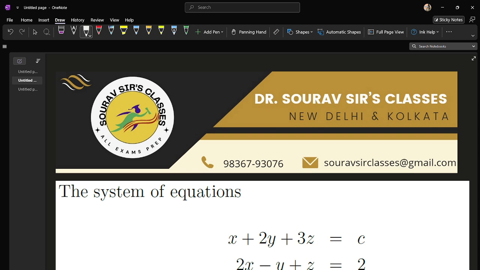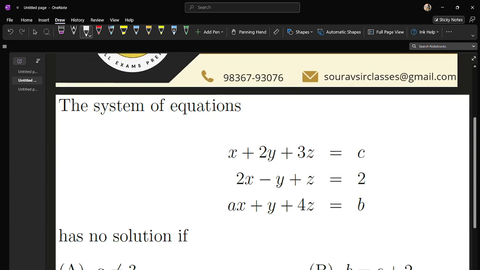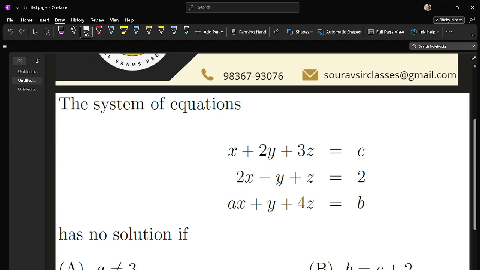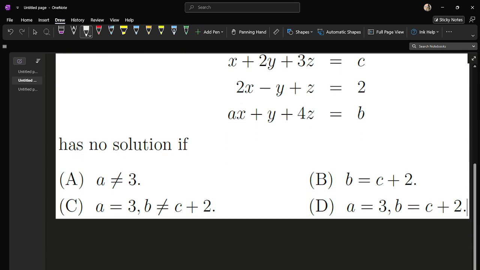Okay, so now we are going to solve a problem which appeared in the ISI MTech QROR entrance test examination in the MCQ section. The question says that the system of equations x plus 2y plus 3z equals c, 2x minus y plus z equals 2, and ax plus y plus 4z equals b has no solution if, and there are four options.